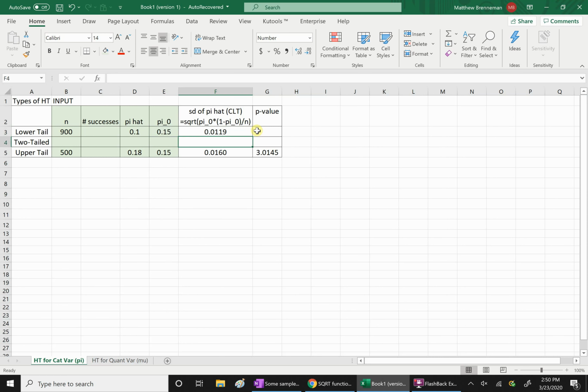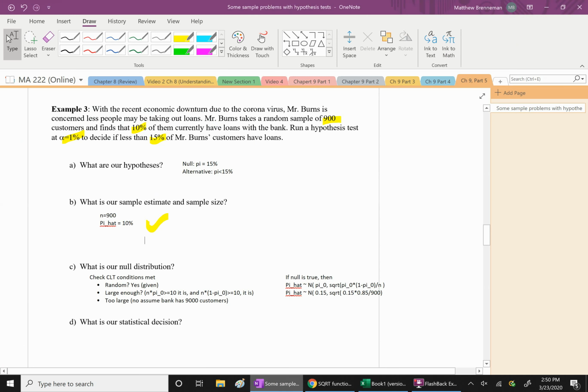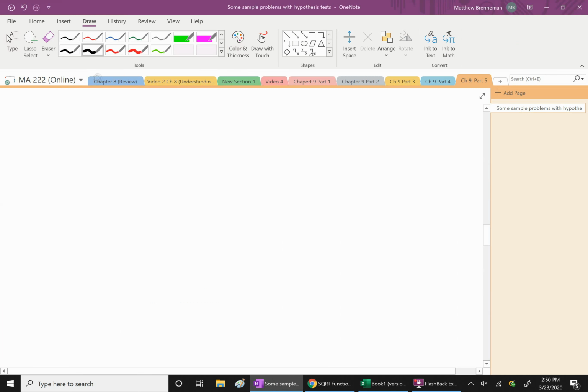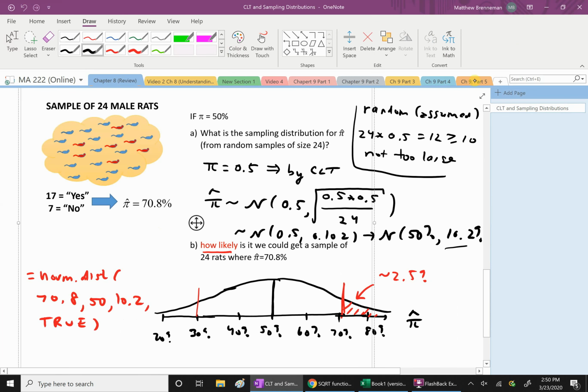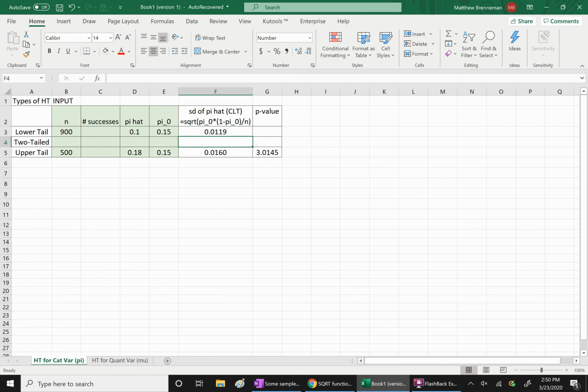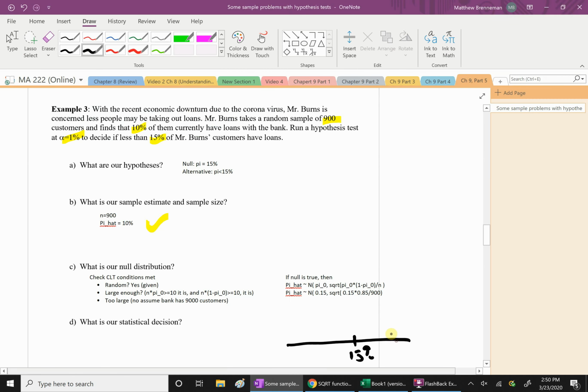If we think about this for a minute, if we sketch this out, this tells us that if the null hypothesis is true, this is what our distribution looks like. It's centered at 15%, and the standard deviation is roughly about 1%. So 16, 17, 18, 14, 13, 12.